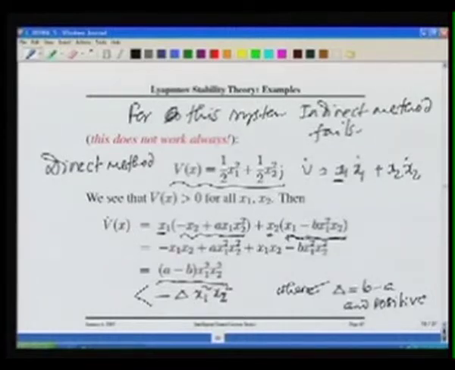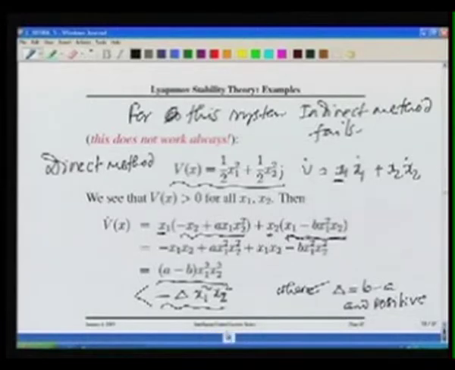That is, if A is less than B, then this becomes a negative definite quantity and hence the system is stable. So, the answer is very simple. If A is greater than B, the system is unstable. If B is greater than A, the system is stable using the direct method.